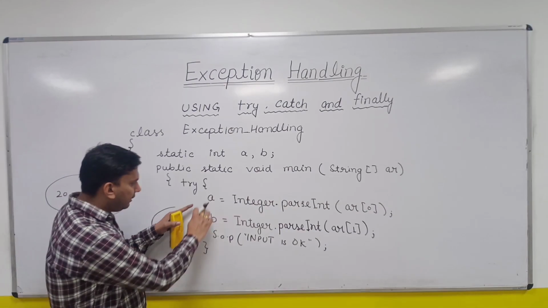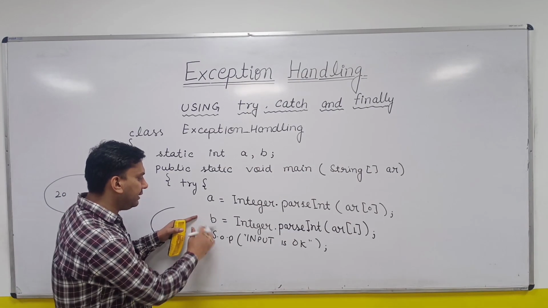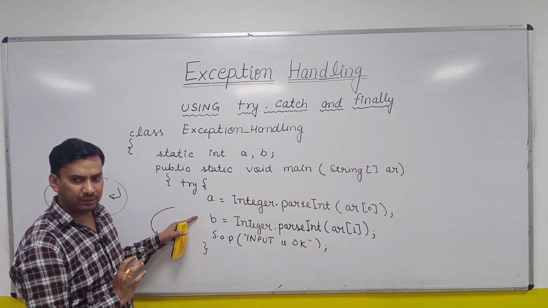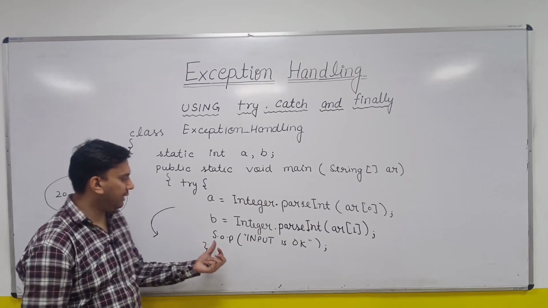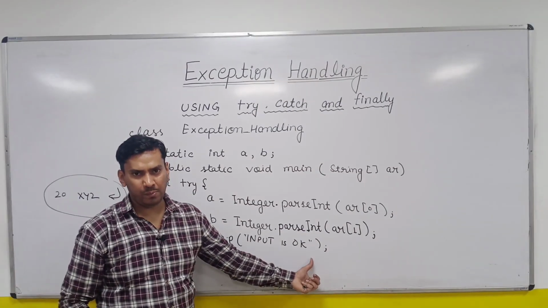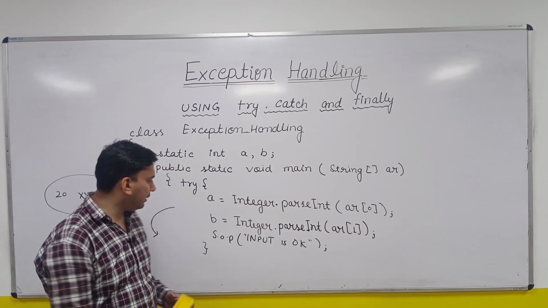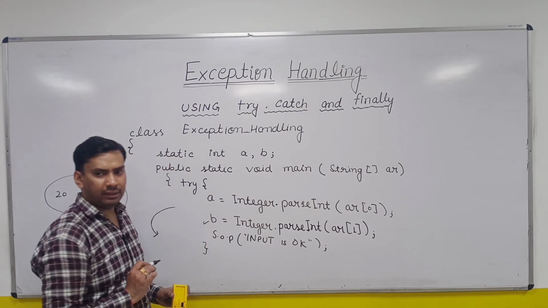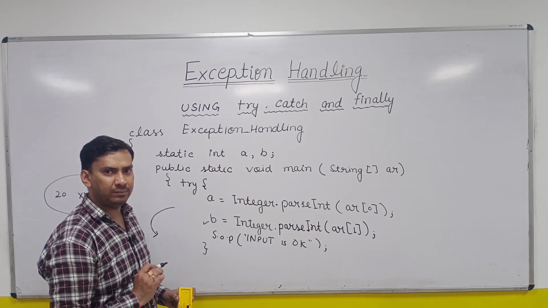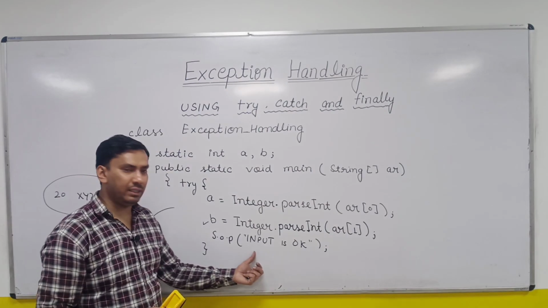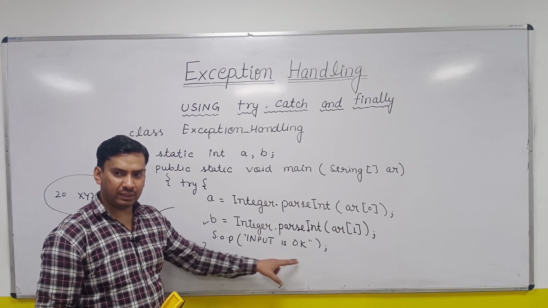If this line or this line gives any exception, this line will never be executed. So I can write something like this, input is okay, because this line will be executed only when this line is executed successfully. But I cannot write here input is not completed.